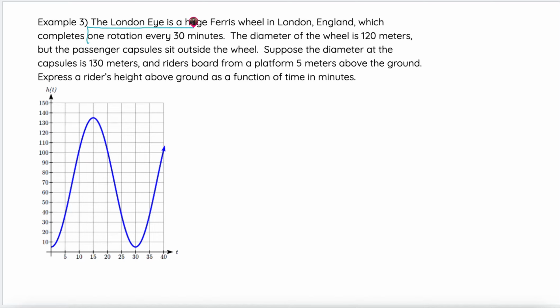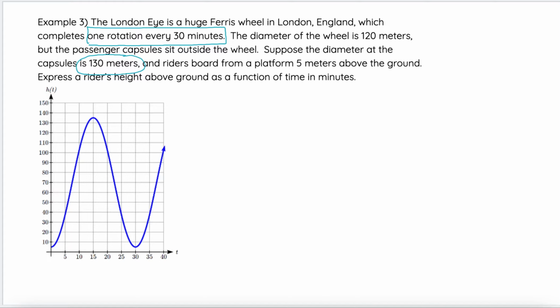The diameter of the wheel is 120 meters, but the passenger capsules sit outside the wheel. Suppose the diameter at the capsules is 130 meters. We're going to need this 130 meters for the diameter. And the riders board from a platform 5 meters above the ground. Express a rider's height above ground as a function of time in minutes.